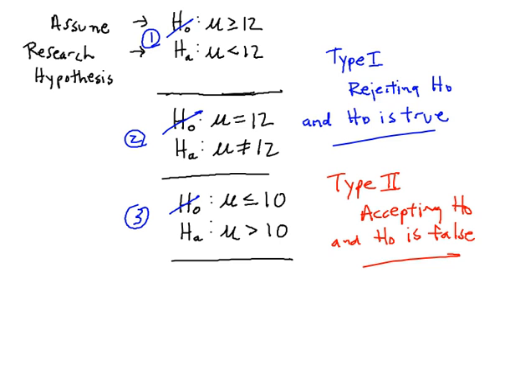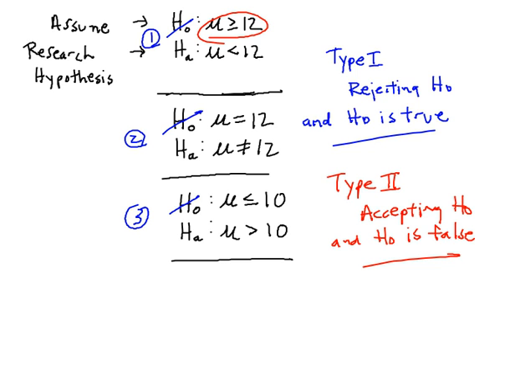In the first case, accepting the null hypothesis is saying that the company is actually giving the consumer exactly what they say: 12 ounces of pop in cans or better. And in reality, they're not. In reality, they are underfilling the cans. Well, then the consumer is paying for a product that they think they're getting and they're not. So type 2 error would be something to avoid also.